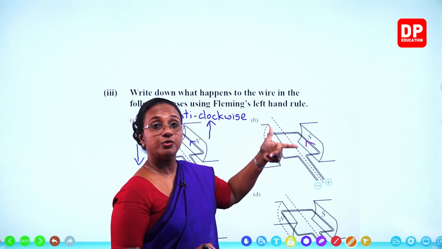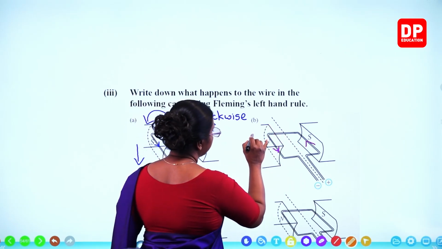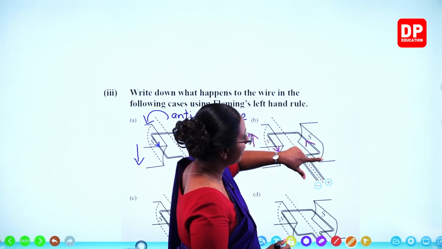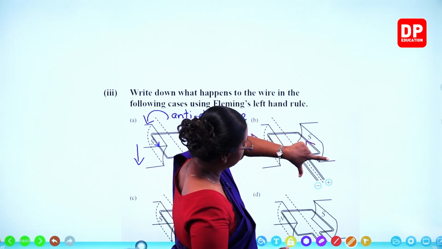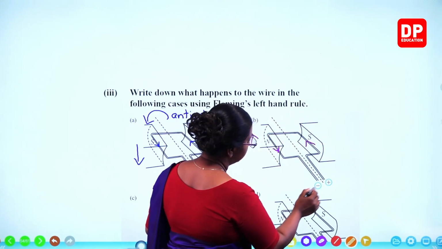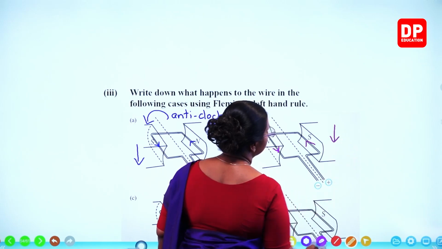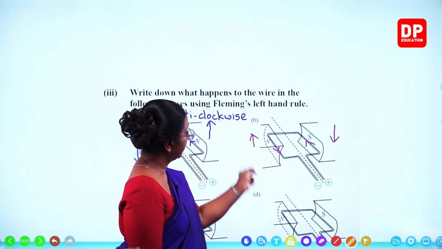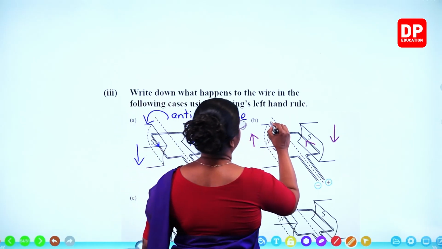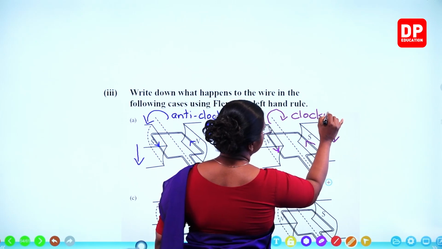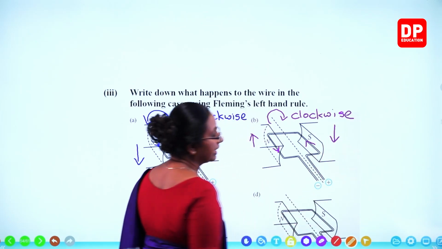So the force is going to be upwards on this side. The same way here if you apply, north to south, current goes in. So the force is downwards. Here, force is downwards. So how will the coil rotate? It will rotate this way. Clockwise rotation. Is that clear?